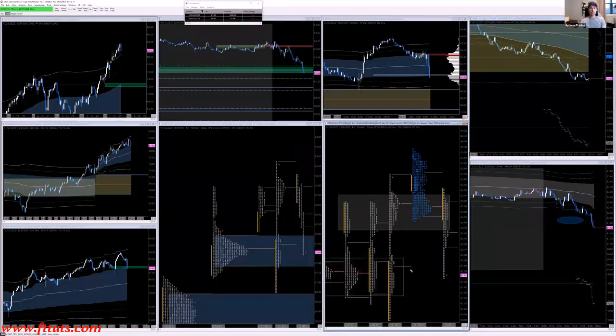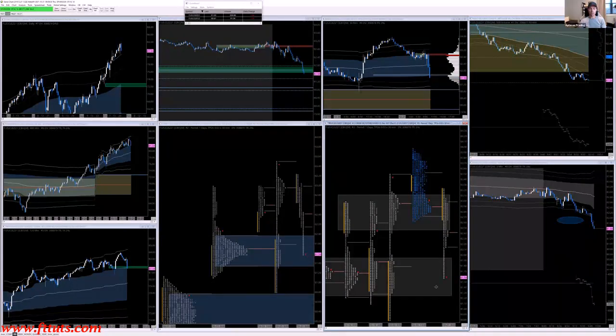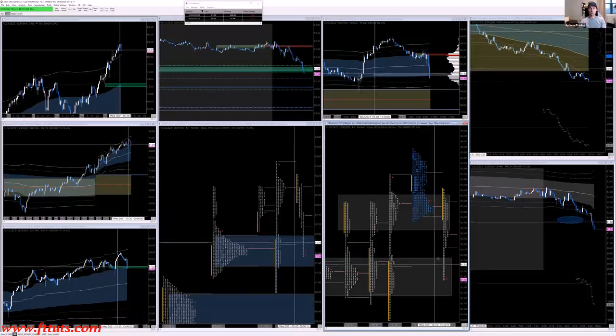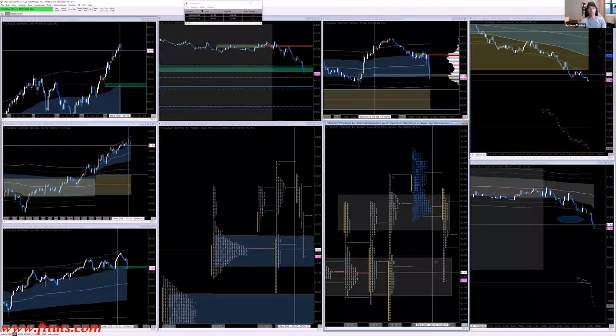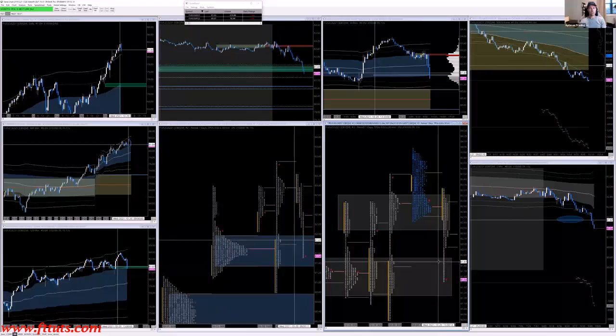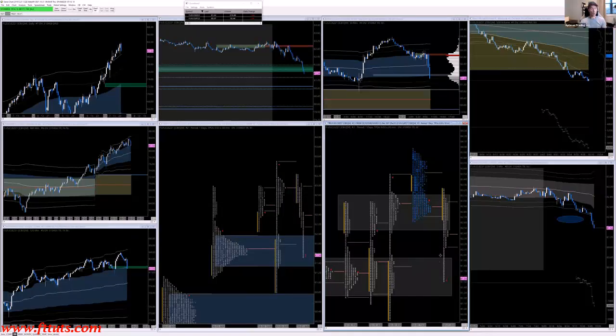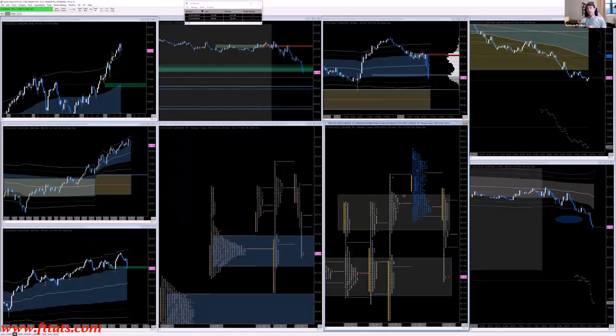Would we want to short the return pullback of composite structure? Probably not. Yes, it's a return pullback into composite structure, but it's a poor place to get short on the monthly. It's a poor place to get short on the weekly. So I'm going to say too much dissonance there. It's not a good enough trade.